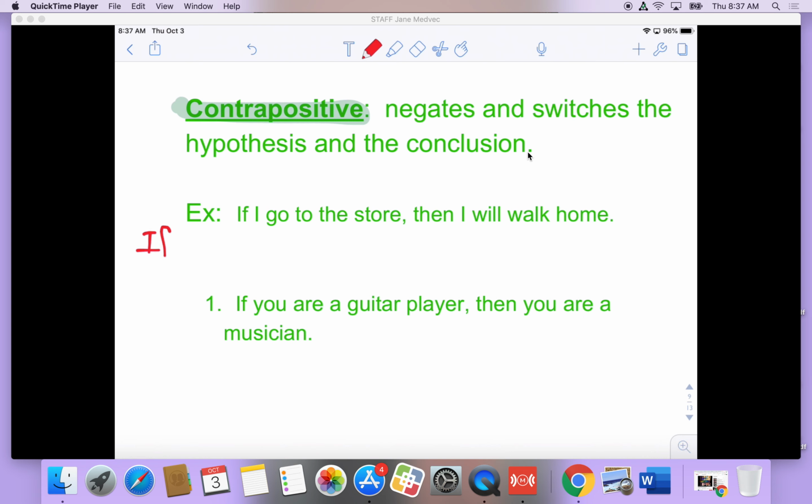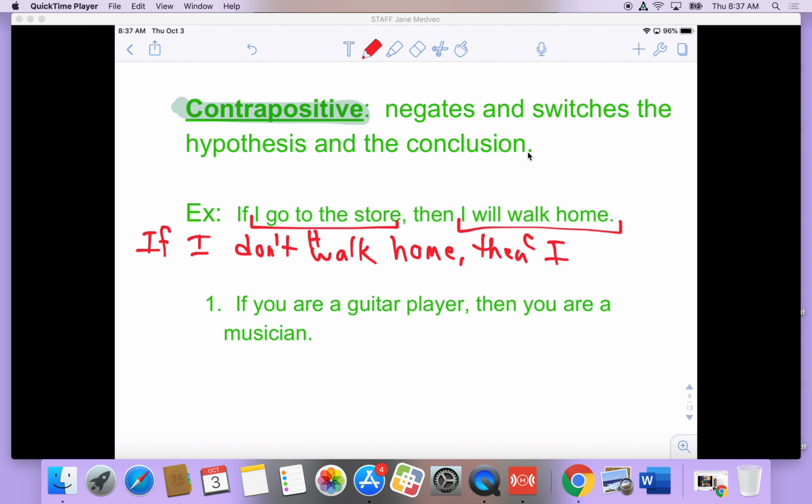Now again, this is the hypothesis, this is the conclusion. So if I don't walk home, then I won't go to the store.